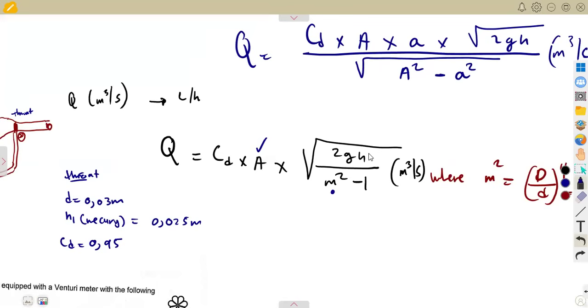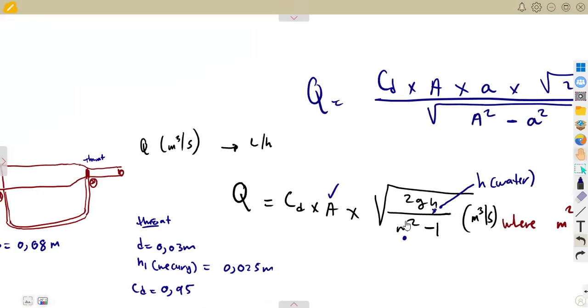And also, I'm going to need this H. This H is not for mercury, it's H for water. This is the delivery for water. So this H is the head of water. It is the head of water that you're talking about there. So we also need to calculate this. It is the same thing even here. You are going to calculate that same head of water.